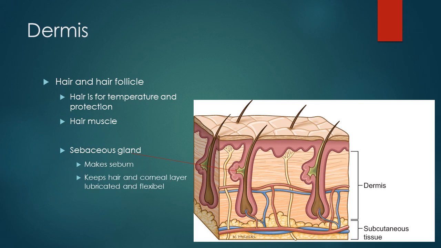For example, if your hair dries out, it can break more easily, so it gets damaged. Also the skin, if the skin dries out, your skin can crack more easily. It's not a huge problem, but we want that corneal layer to stay alive and intact as long as possible. So the sebum keeps the skin lubricated, oily, and the hair oily.